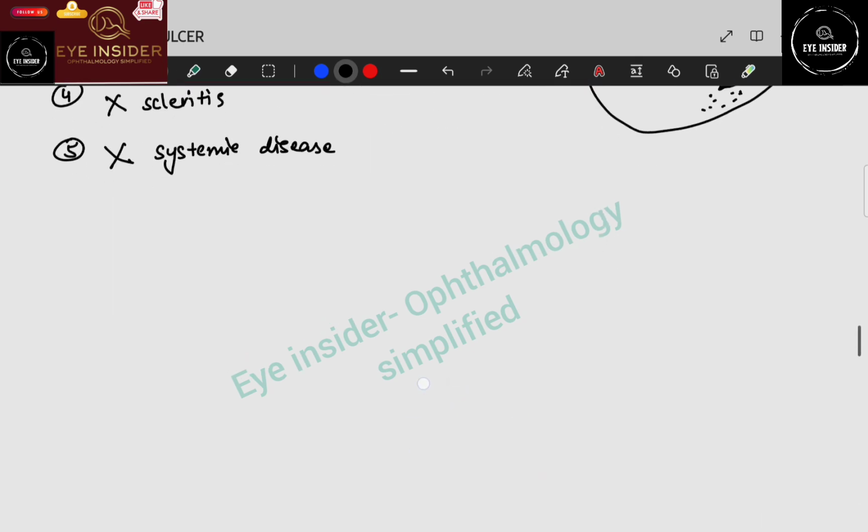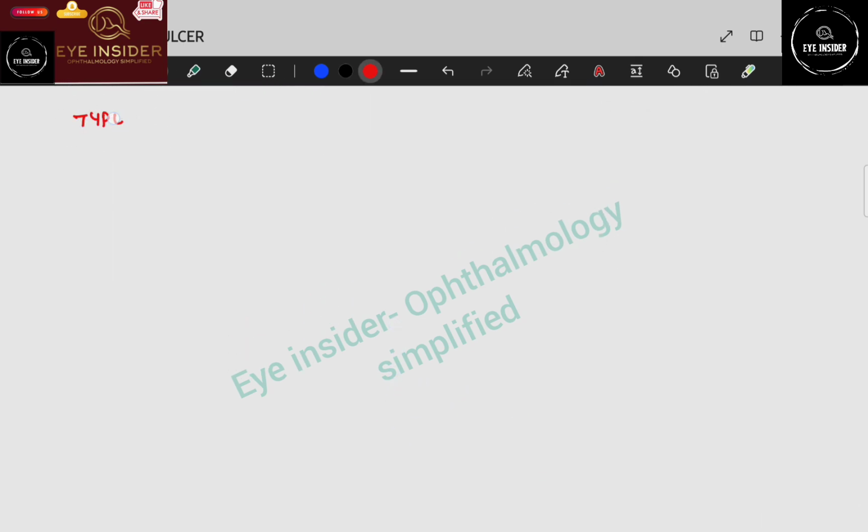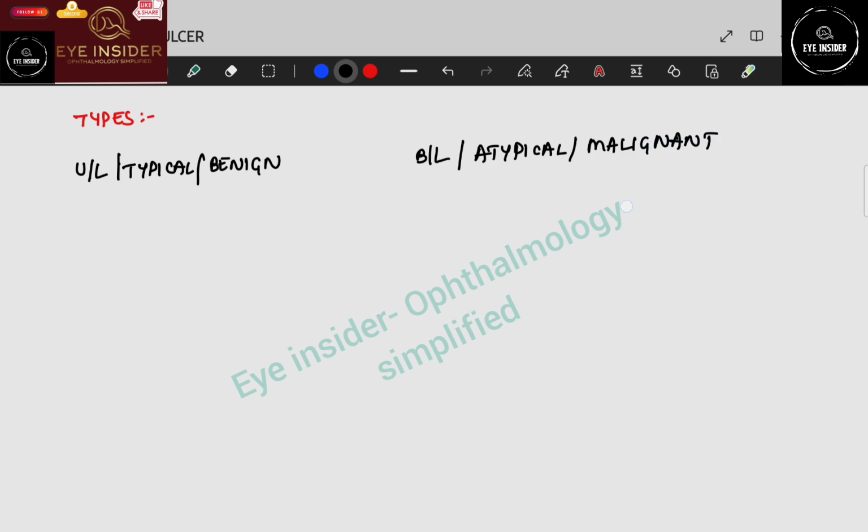Now coming to the types of Mooren's. The first one is unilateral or typical or benign Mooren's. The other one is bilateral, atypical or malignant. Bilateral can be indolent or aggressive, right? So unilateral, typical benign is slowly progressive, occurs in the elderly and has a good response to treatment.